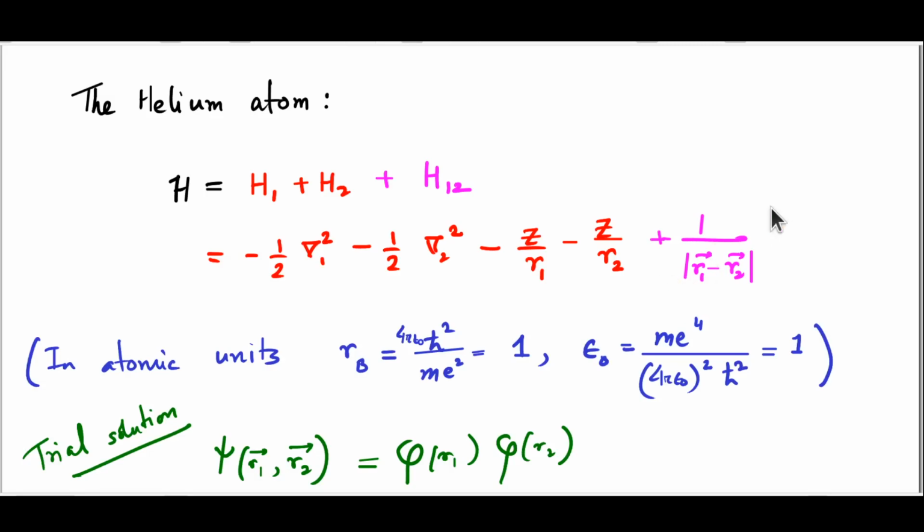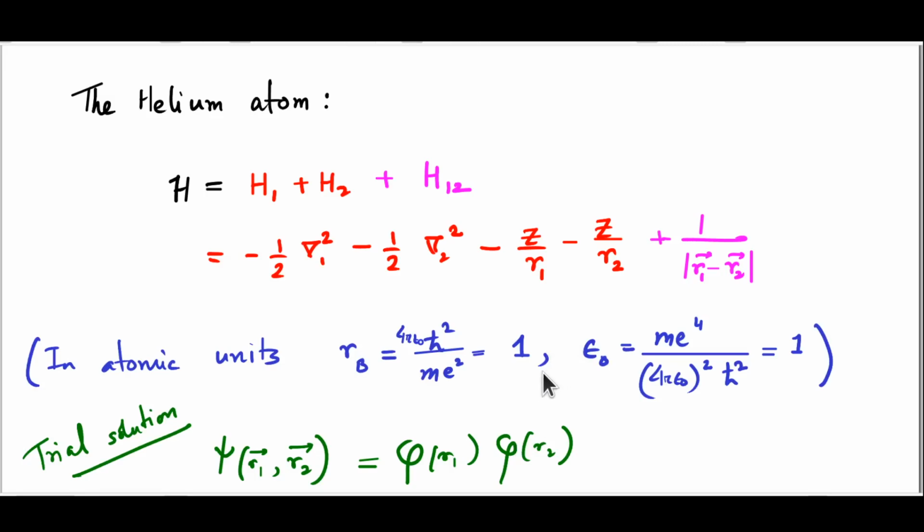This is, of course, without the 1 by mod of R1 minus R2 term. And there I would have also known that phi of R1 and phi of R2 would have been, at least for the ground state, simple decaying exponential functions of R, because they would just have been the hydrogen atom ground state wave functions.